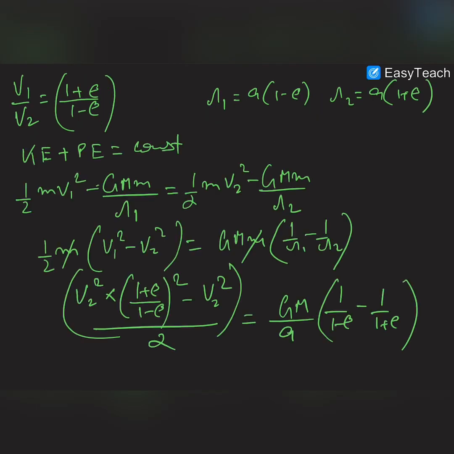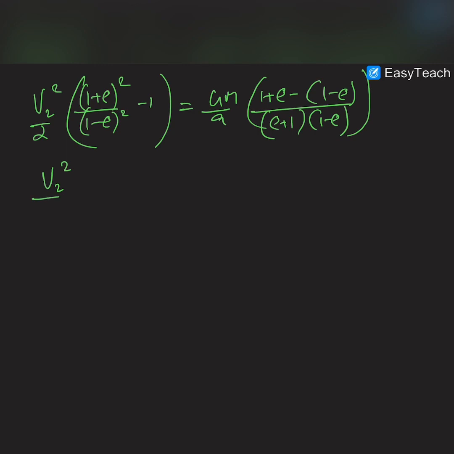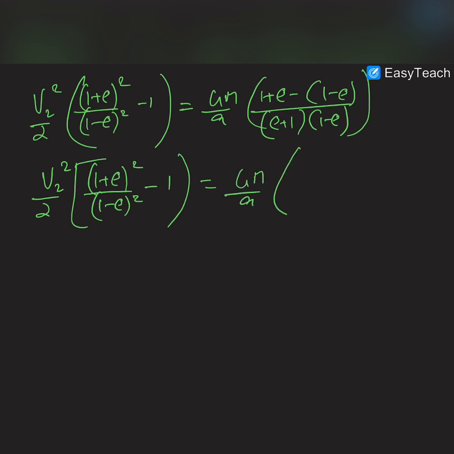You can see that. So v2 square by 2 into 1 plus e whole square upon 1 minus e whole square minus 1 is equal to GM by a into 1 plus e minus 1 plus e, divided by 1 plus e into 1 minus e.